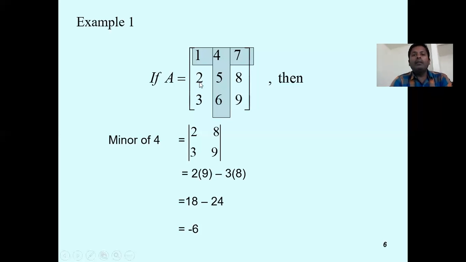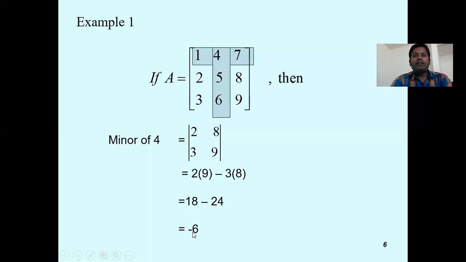The remaining elements are 2, 8, 3, 9. Then 2 into 9 minus 3 into 8, AD minus BC. 2 into 9 is 18, minus 24, we get minus 6.